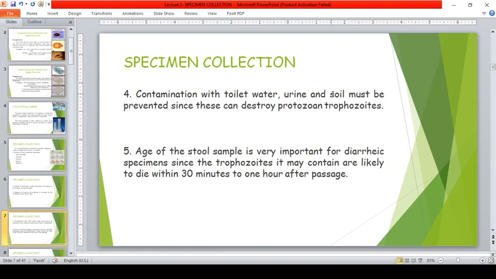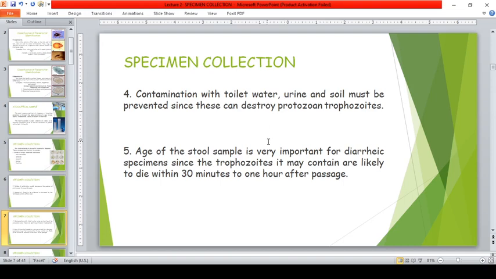And yung soil naman, there are a lot of free living organisms in the soil which may lead to misidentification. So akala mo parasite siya pero free living lang pala. So avoid contamination of those.